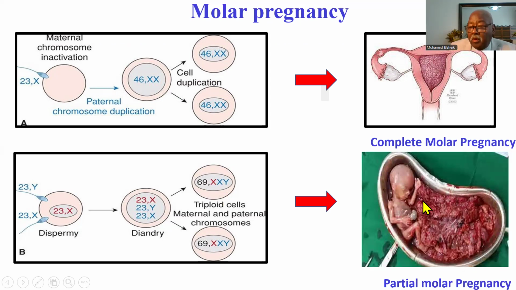Partial means there is molar tissue as well as fetal parts. So molar pregnancy could be complete mole or partial mole. This is the pathogenesis, how it occurs.